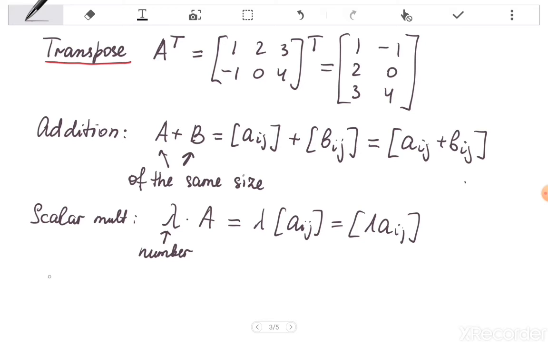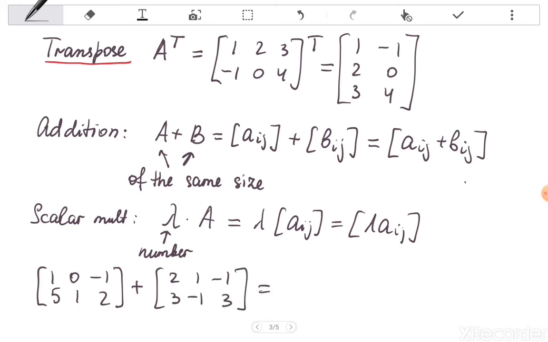Okay, for example, let's look at the sum of two matrices. Again we must add matrices of the same size. How do we add them? We just add them element-wise. 1 plus 2 is 3, 0 plus 1 is 1, minus 1 minus 1 is minus 2, 5 plus 3 is 8, 1 minus 1 is 0, 2 plus 3 is 5.